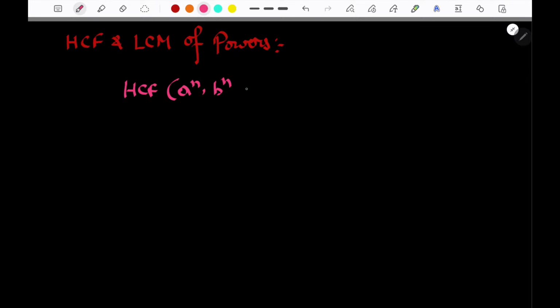First is HCF and LCM of powers. So how do we find the HCF and LCM of powers? Now there is a simple property that relates HCF of a to the power n, b to the power n, which is actually HCF of (a, b) to the power n.